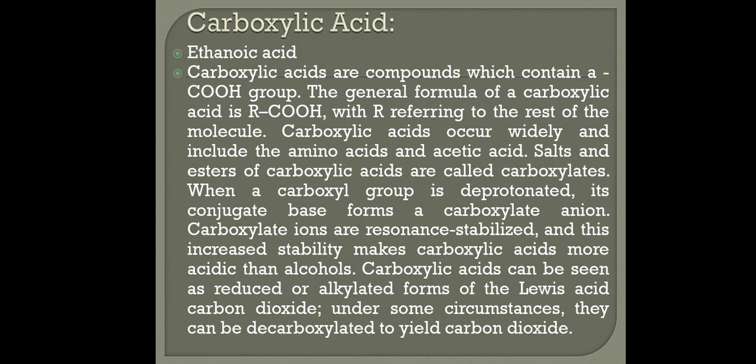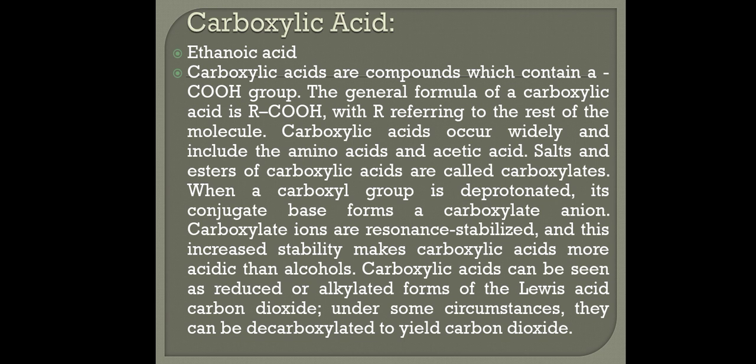Carboxylic acid, ethanoic acid. Carboxylic acids are compounds which contain a COOH group. The general formula of carboxylic acid is RCOOH, with R referring to the rest of the molecule. Carboxylic acids occur widely and include the amino acids and acetic acid. Salts and esters of carboxylic acids are called carboxylates.